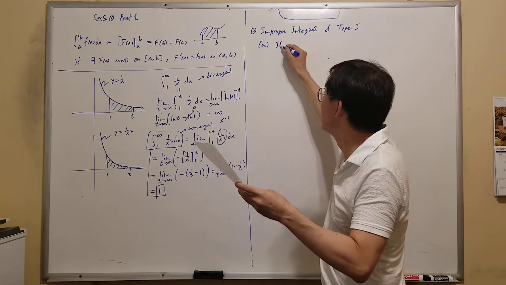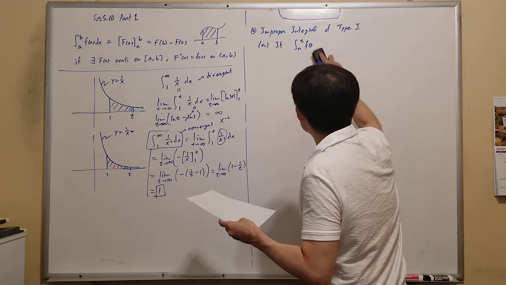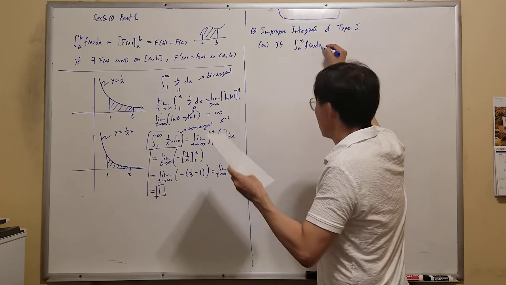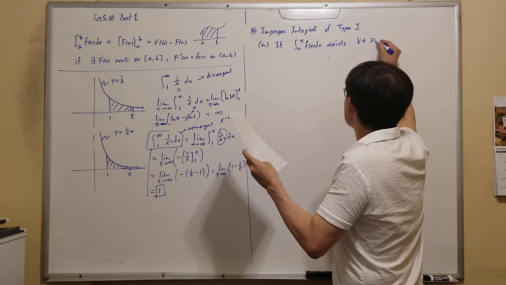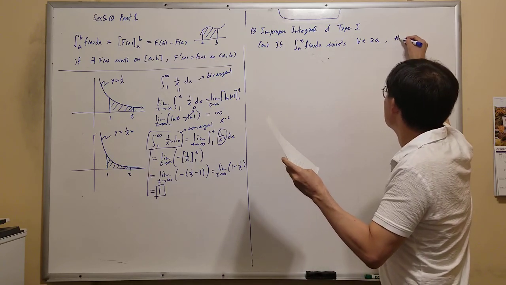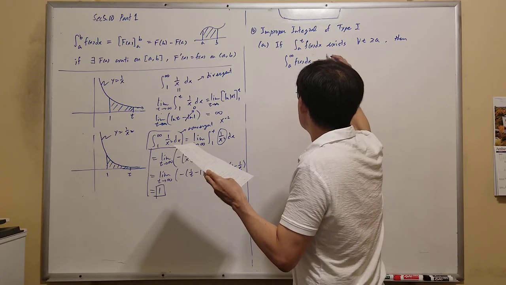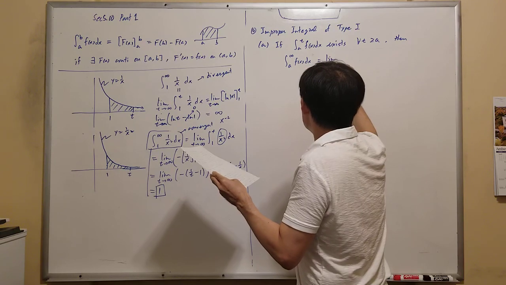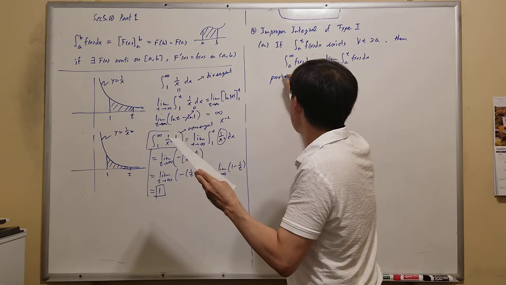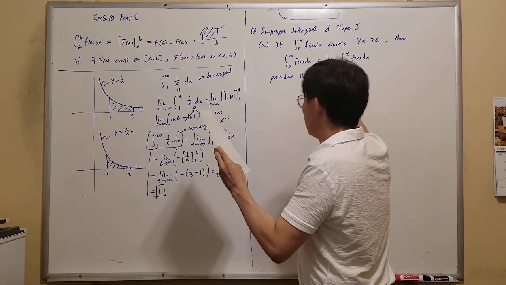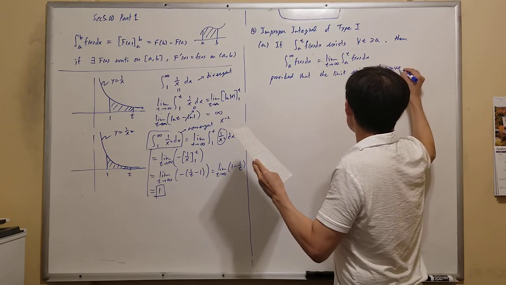A, if the integral from a to t of f of x dx exists for all t greater than or equal to a, then the integral from a to infinity of f of x dx is defined as the limit as t goes to infinity of the integral from a to t of f of x dx, provided that the limit exists, which means it converges.